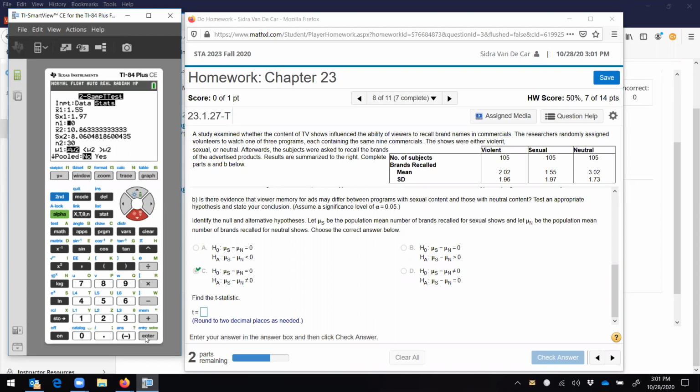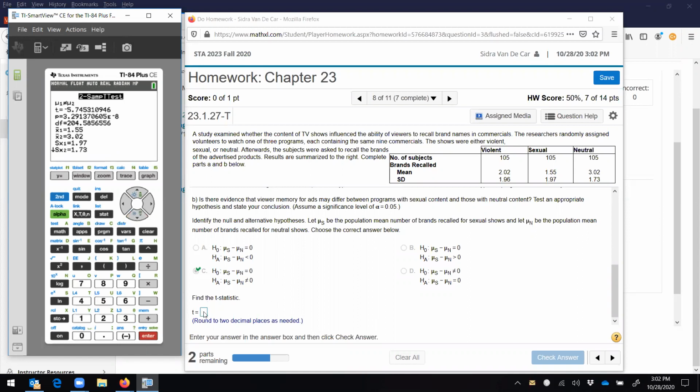And then the n there is 105. And we're doing sexual and neutral, right? Yeah, neutral. So neutral is 3.02. And the mean is 1.73. And the n is 105. It does not equal. Let's do it.